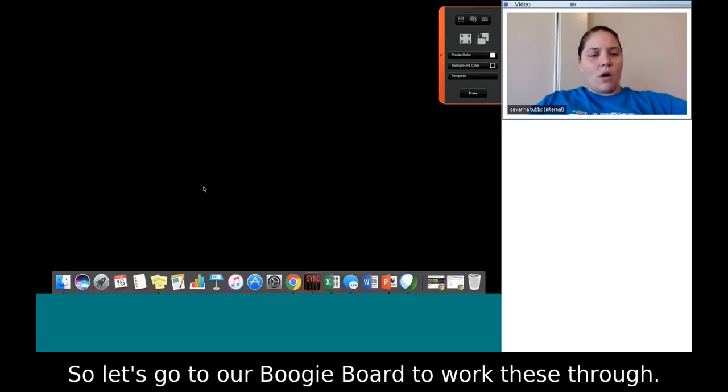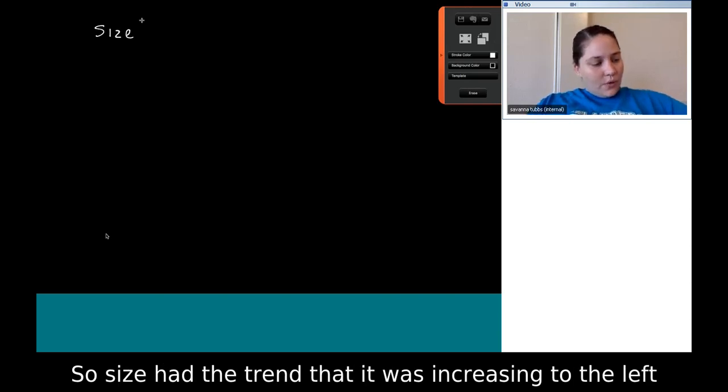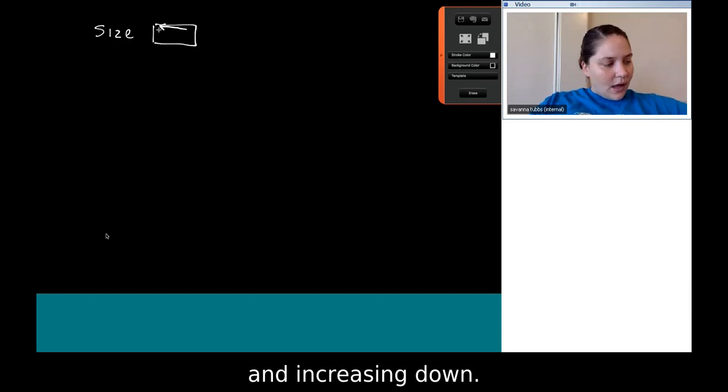So let's go to our boogie board to work these through. So they said to order them in increasing size. So size had the trend that it was increasing to the left and increasing down.